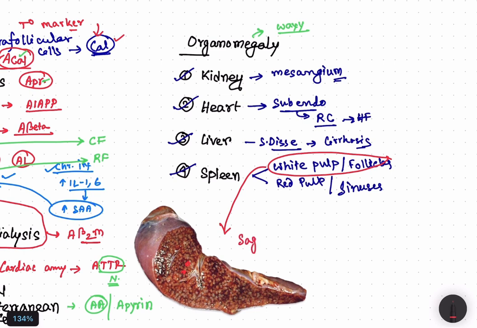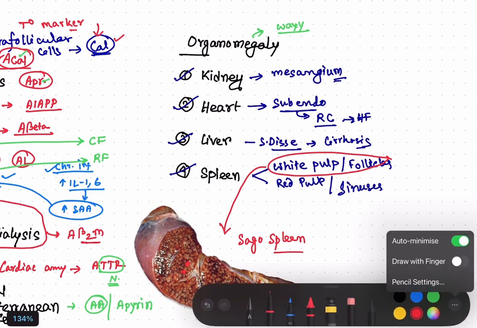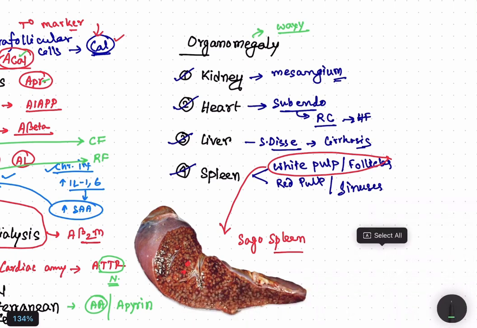This is what is known as sago spleen, where the white pulp or follicles are involved. If the amyloid is deposited in the red pulp or splenic sinuses, that can give rise to lardaceous spleen.